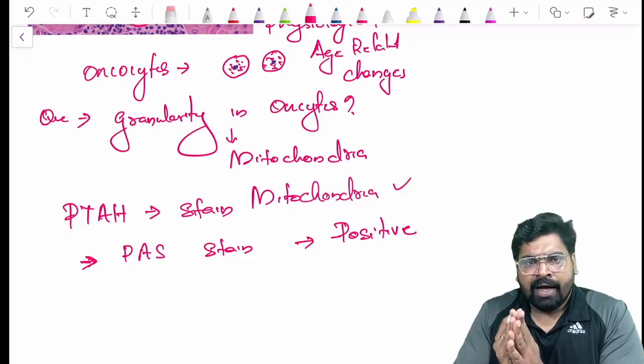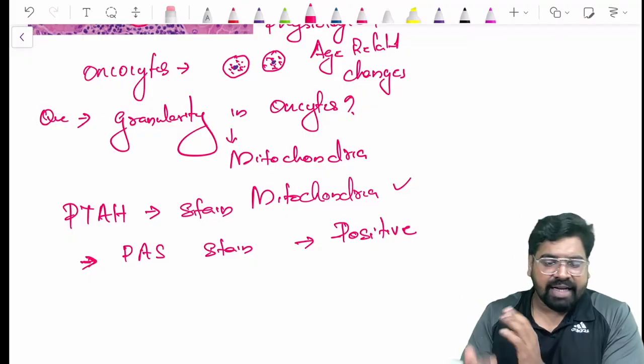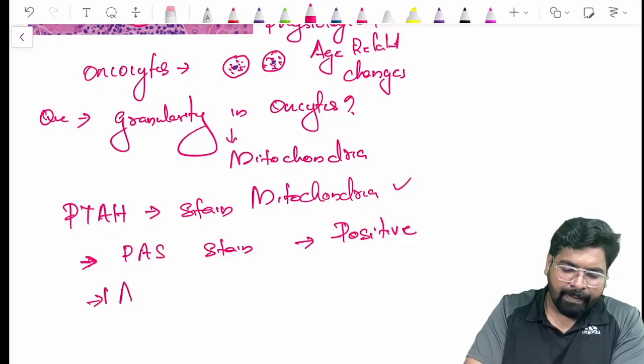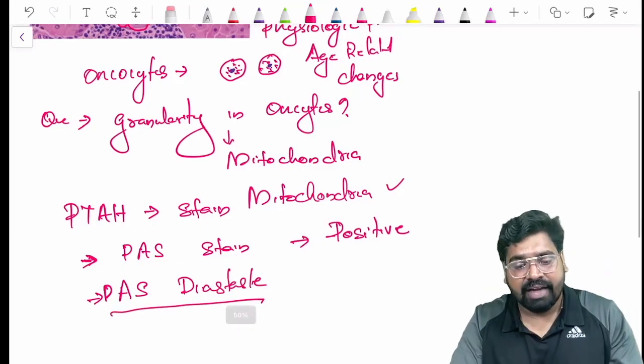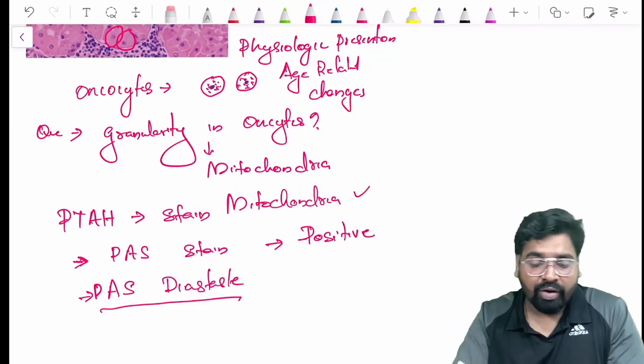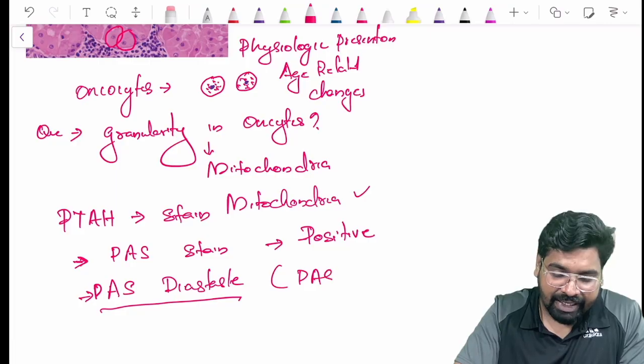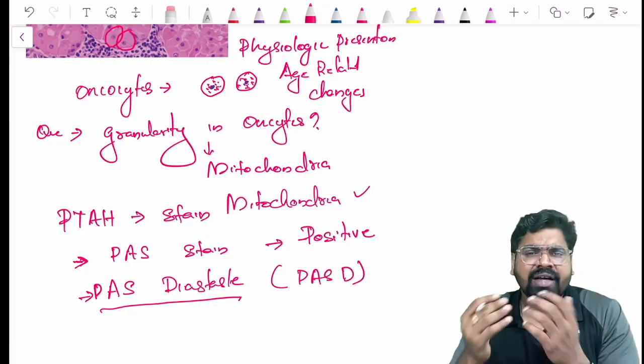Now there is a stain called PAS diastase. You may have heard about the term PAS diastase. What is the principle behind this, and how is it used? In the options, you can see PAS D, which is nothing but PAS diastase.